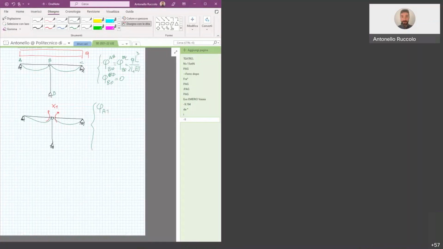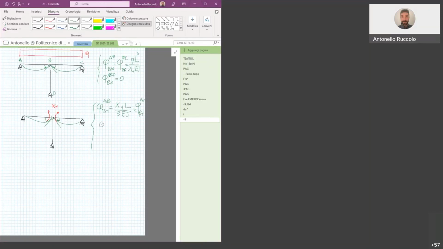Phi B1 in AB is x1 times L over 3EI. And it is equal to this other rotation, which is phi B1 in BC.